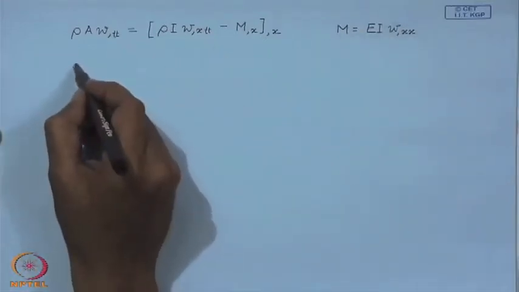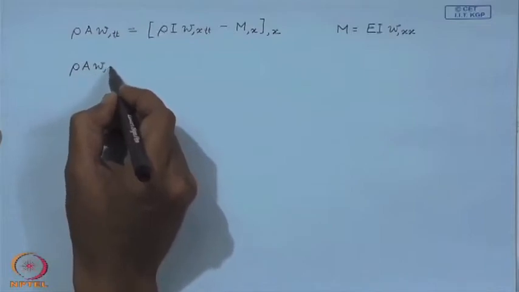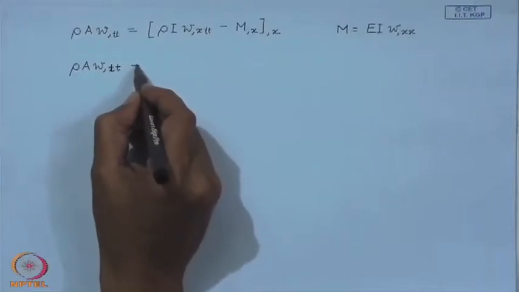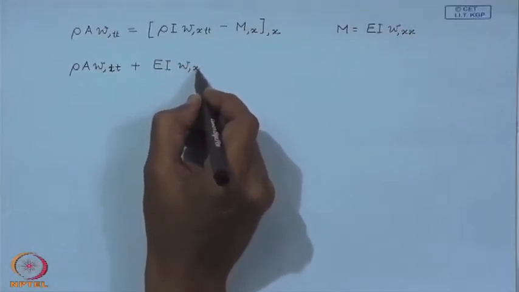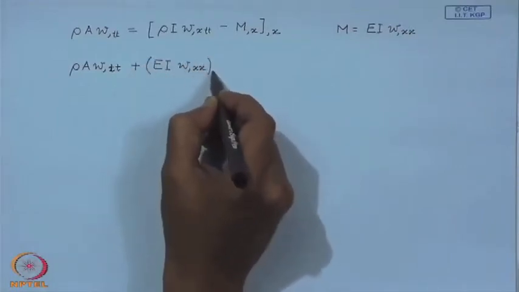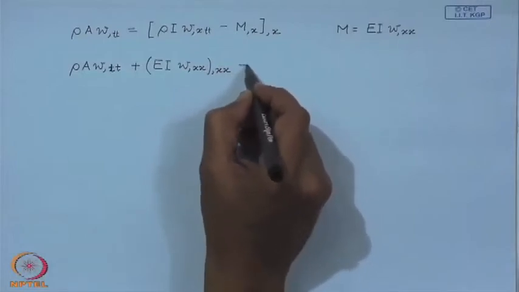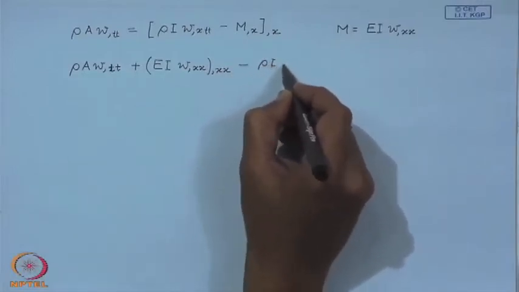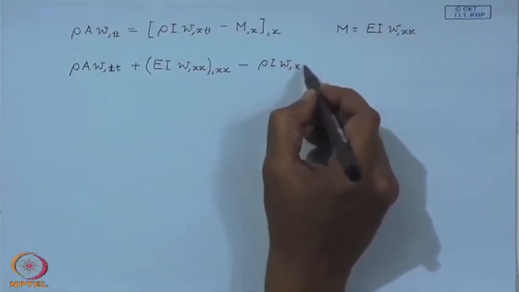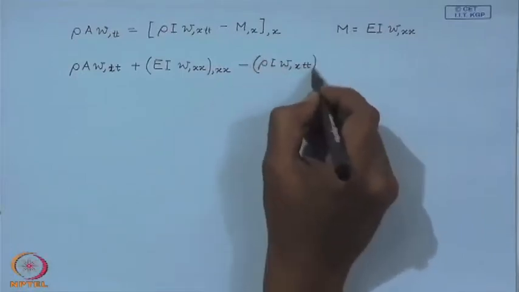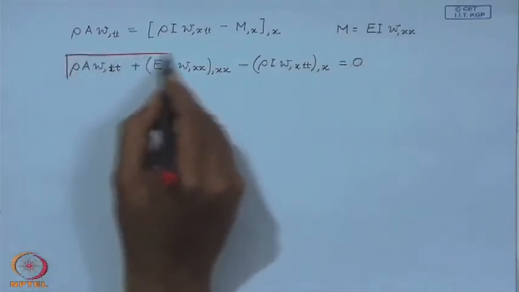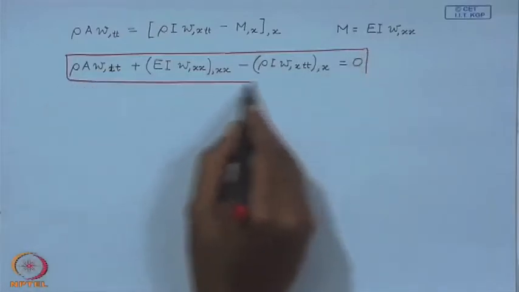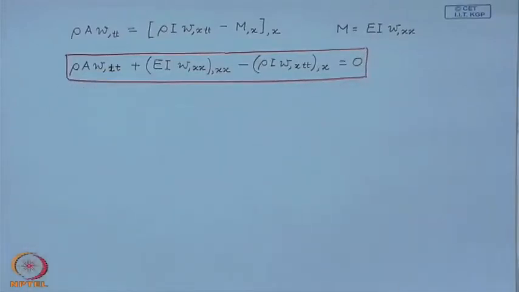So, therefore, finally, so if I rearrange this equation, so this is finally our equation of motion of the beam.